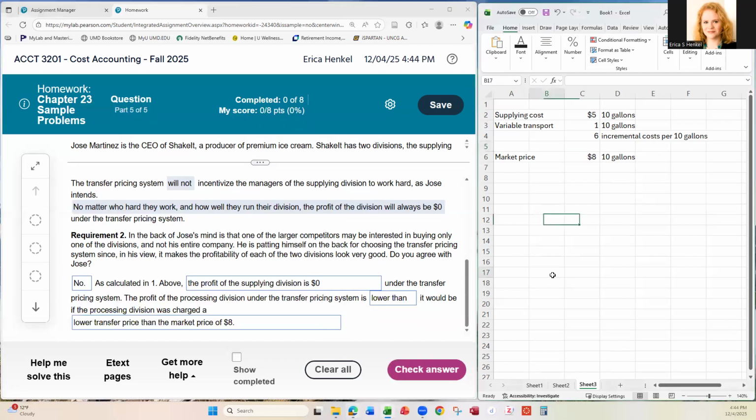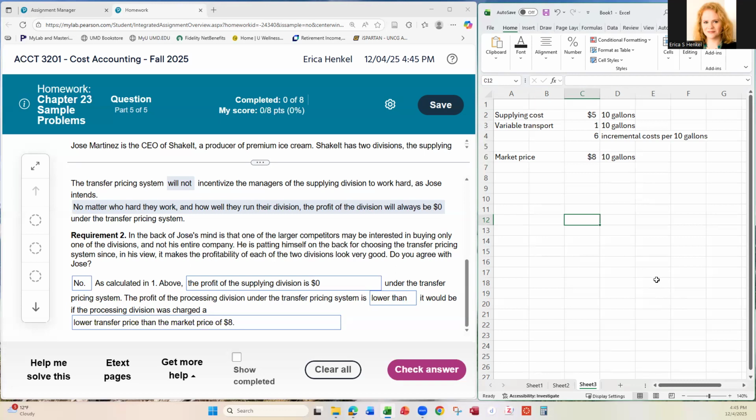So basically what they're doing is charging the processing division the market price of $8, but they're only crediting the supplying division for $6. So the remaining $2 is just going to corporate profits or some other accounting shenanigans that he's got going on here.